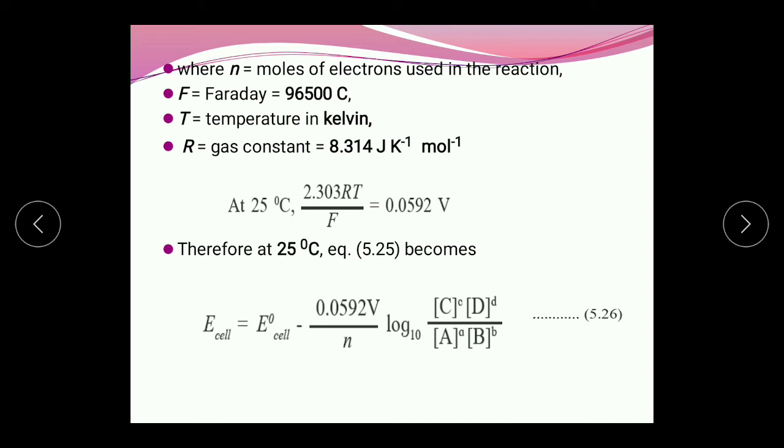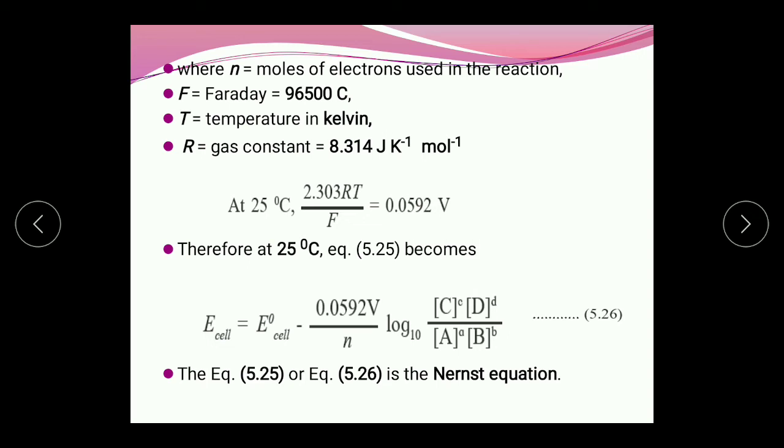This is equation 5.26. So equation 5.25 and equation 5.26, both are Nernst equations. We have substituted the values and we got the 5.26 equation.